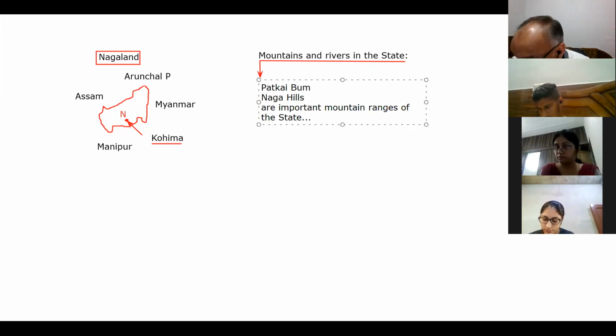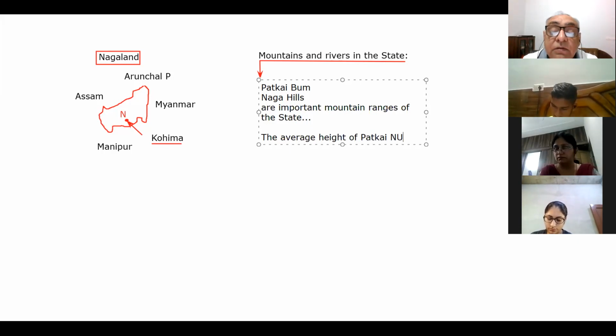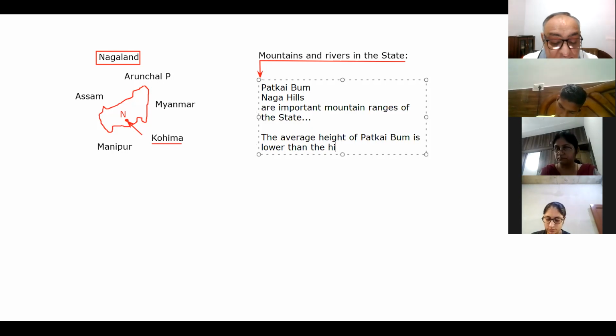The average height of the Patkai Bum is lower than the average height of the Naga Hills.